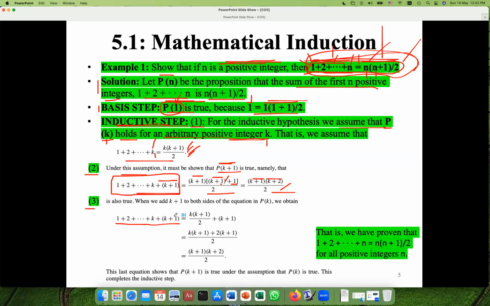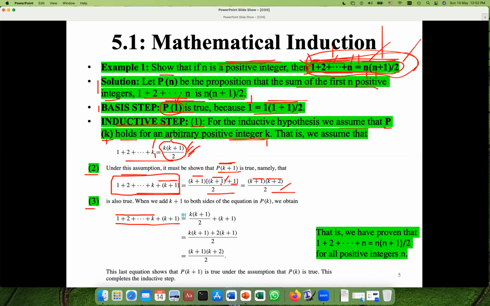And now you know that this 1 plus 2 plus k is equal to what? This one, k into k plus 1 divided by 2. This is your assumption.